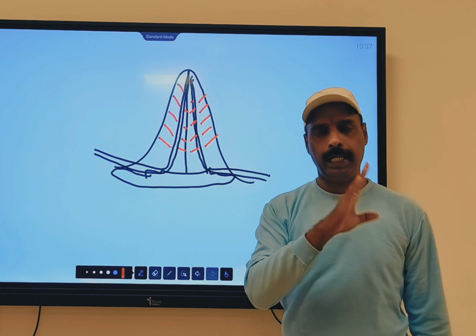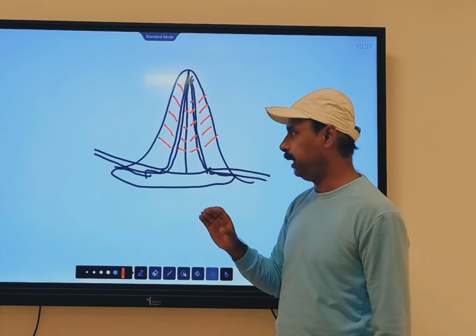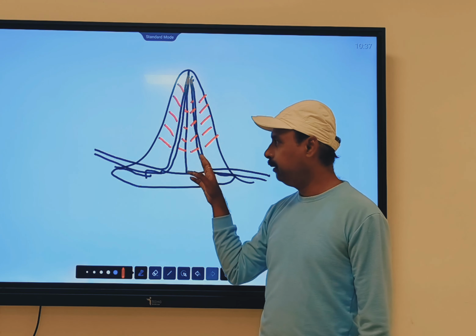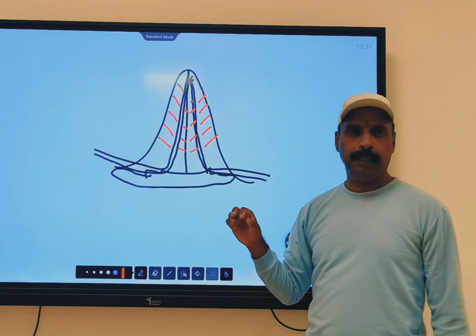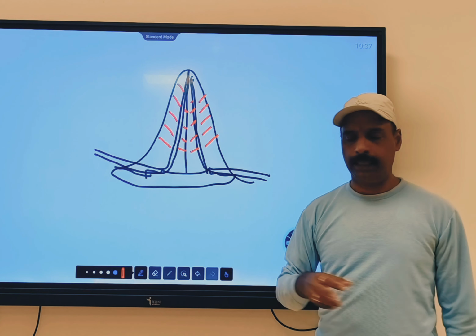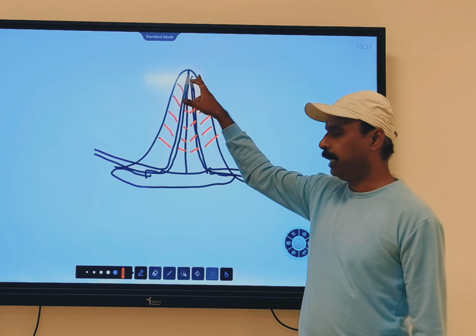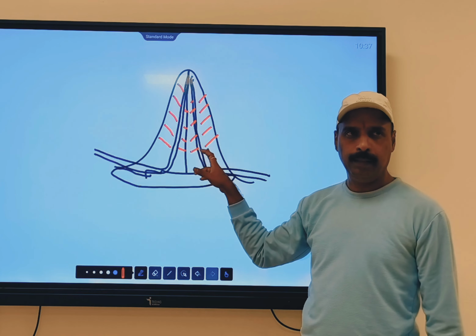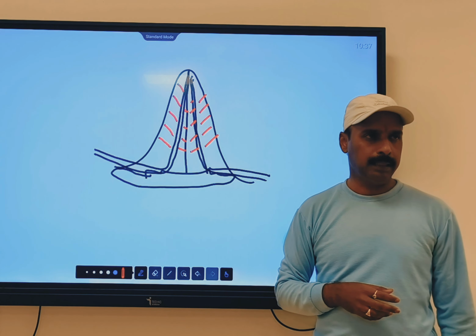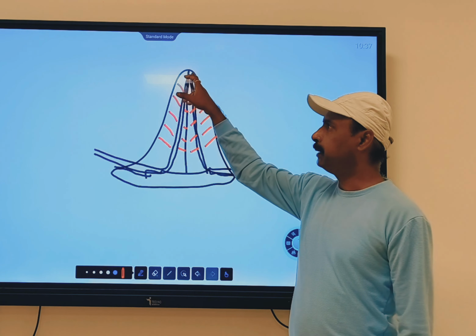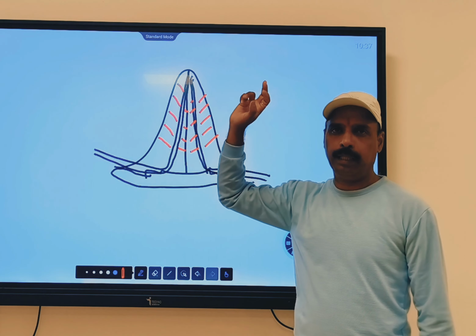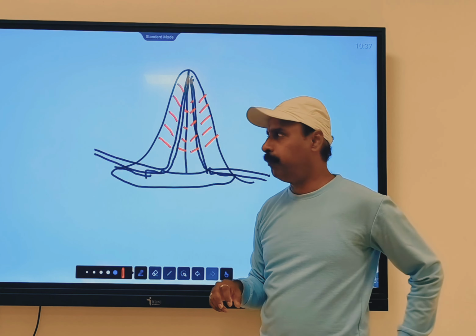It is bounded on each side by the anterior belly of the digastric muscle, the right side and the left side. The base is the hyoid bone, and the apex lies at the chin. Okay, this is the boundary.